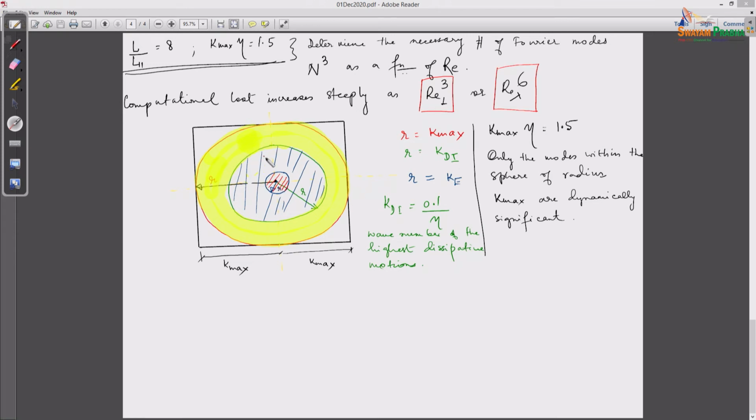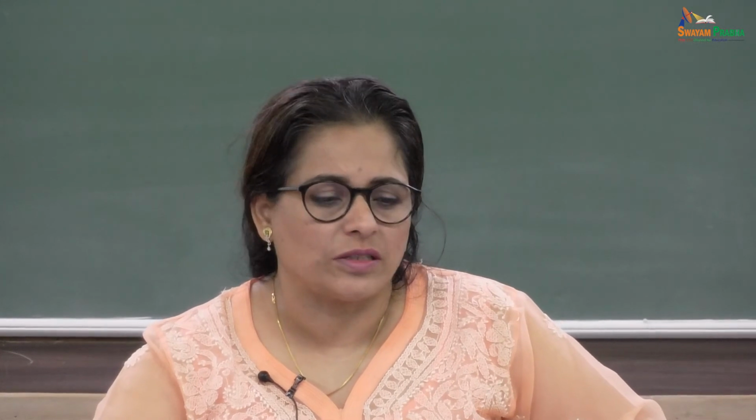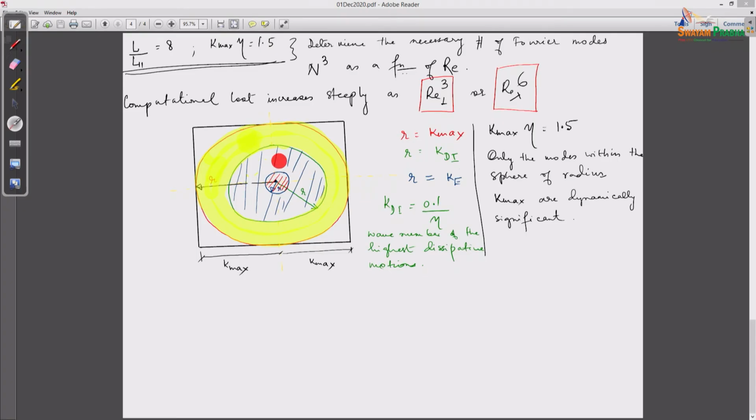This is the dissipative zone, and this small one is where the peak of the energy spectrum lies, and the inner sub range, the energy containing zone, which is in the dissipative region, is about 0.02%, I think, as we said last time. That also lies within this blue shaded zone, right.